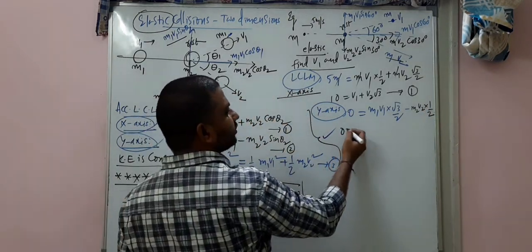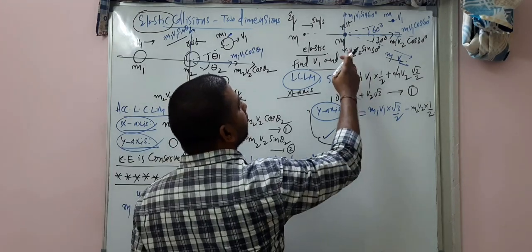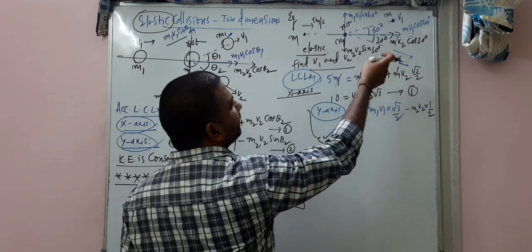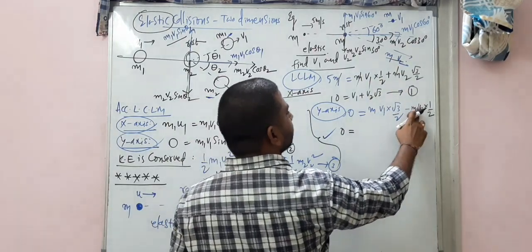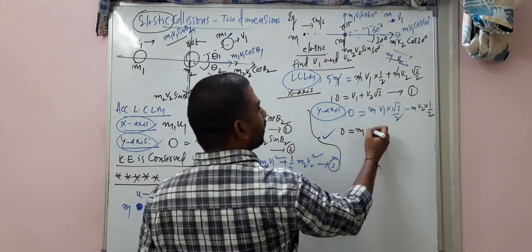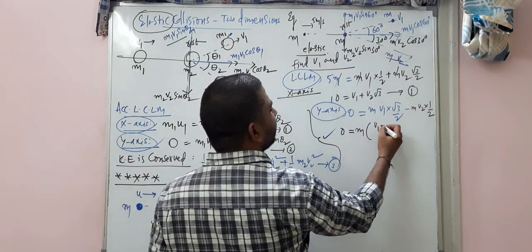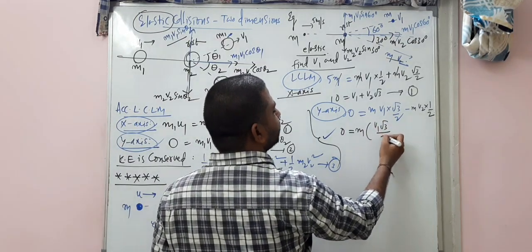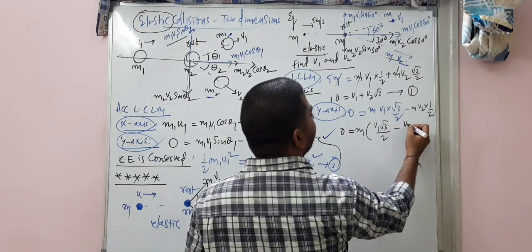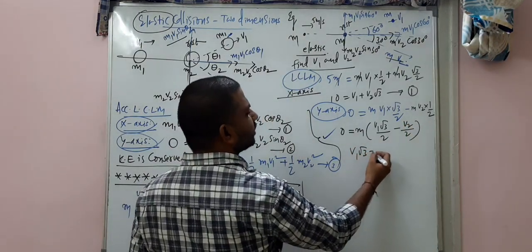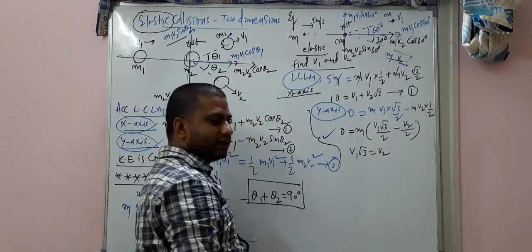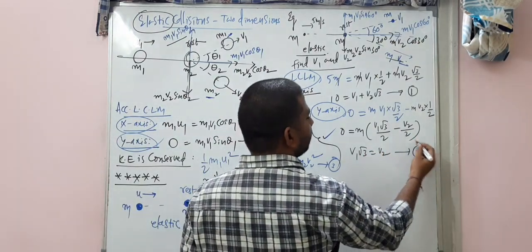So here 0 is equal to m2 and m1, whatever it may be, it is m only. If you take m common, that is v1 √3/2 minus v2/2. So v1 √3 is equal to v2. This is equation number 2.